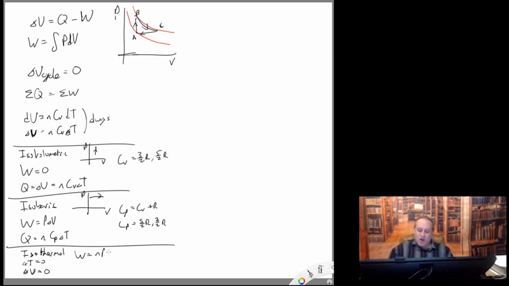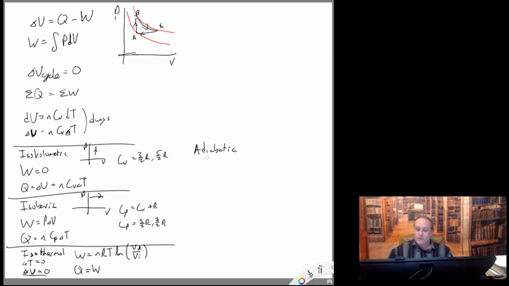It's just nRT times the natural log of V final over V initial. And we also know that Q is equal to W, since delta U equals zero. So those are our three iso processes: constant volume, constant pressure, constant temperature. And then we had a fourth process called adiabatic.